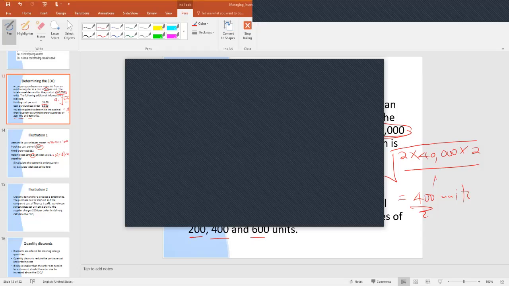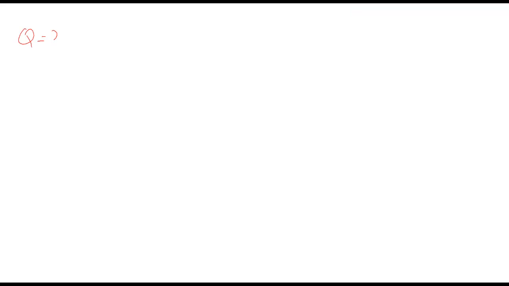Okay, so let's begin at 200. Q in this context is 200 units.